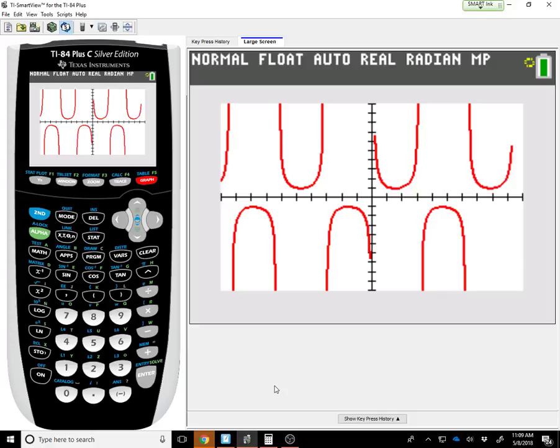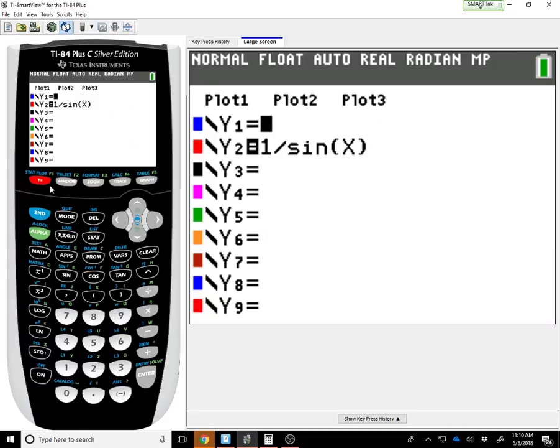There's the graph right there, guys, of cosecant. 1 divided by sine x.